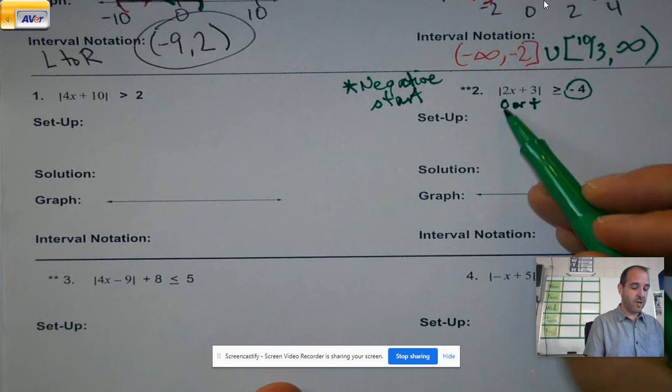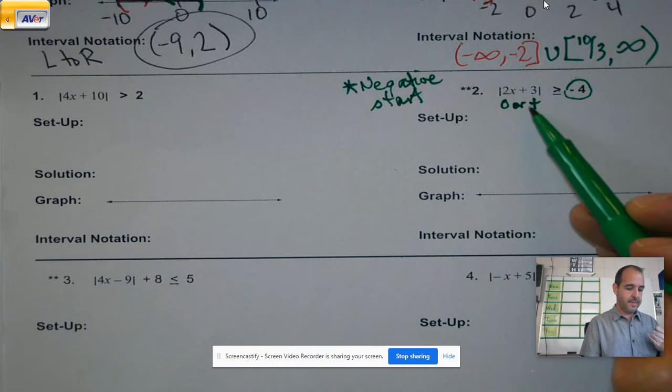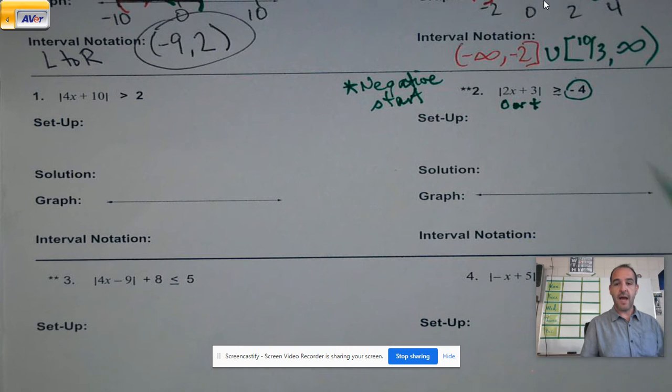Well, is 0 greater than or equal to -4? Well, yeah, 0 is bigger than a negative. Is a positive number greater than or equal to -4? Yes, it always is.